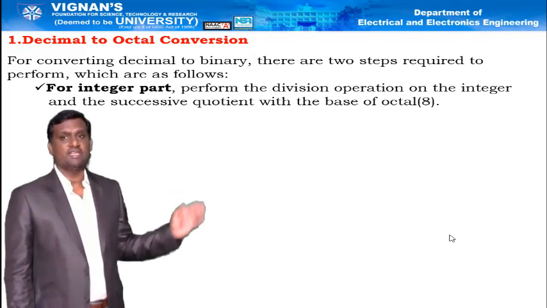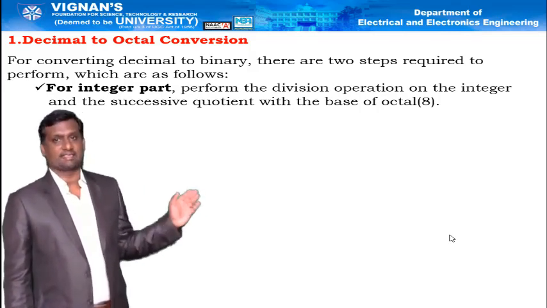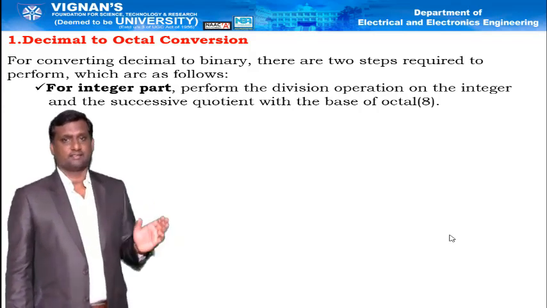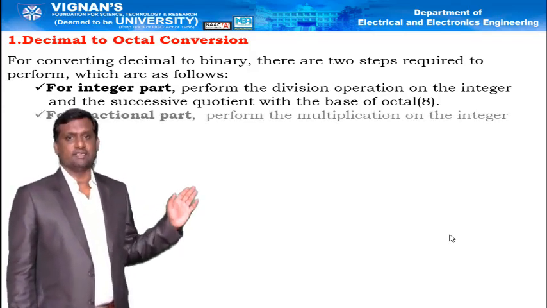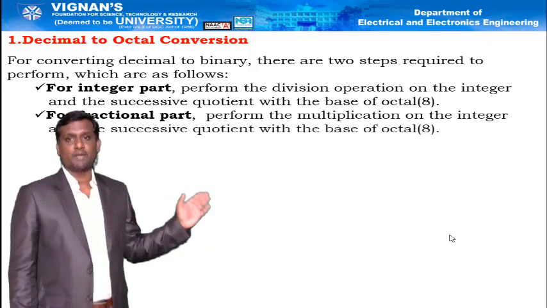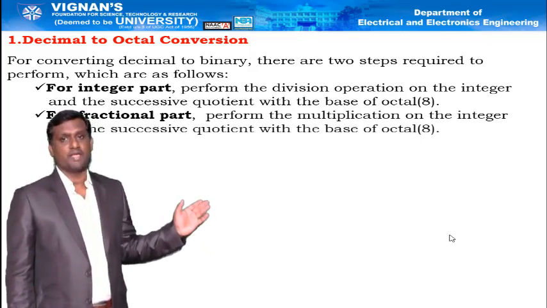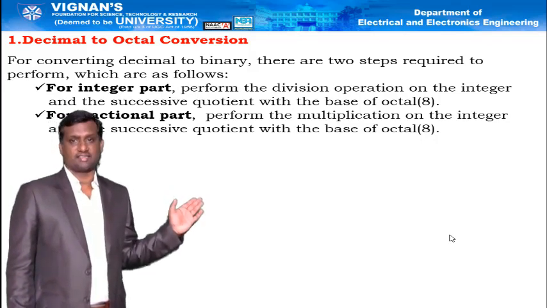That's why we need to divide with 8 and note down the remainders. Similarly, for the fractional part, perform the multiplication on the fraction and the successive products with the base of the octal system.